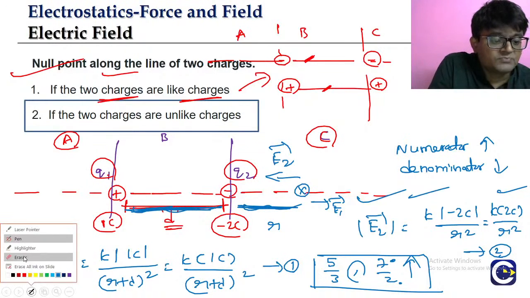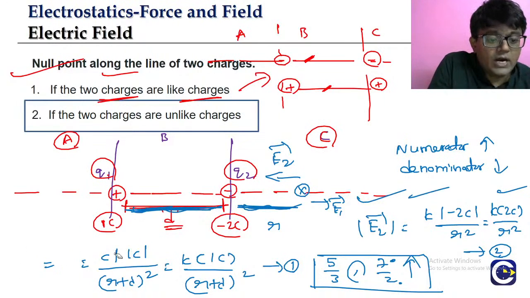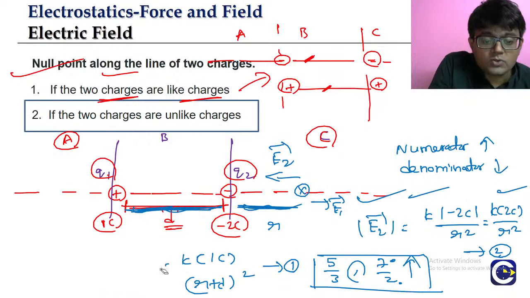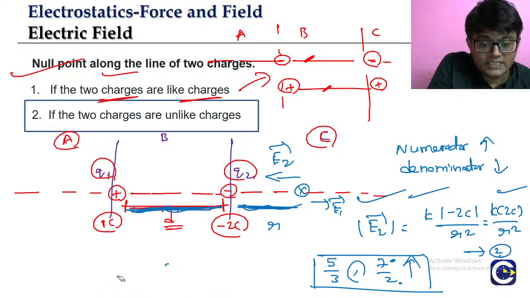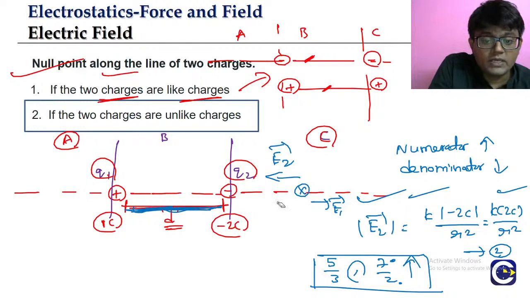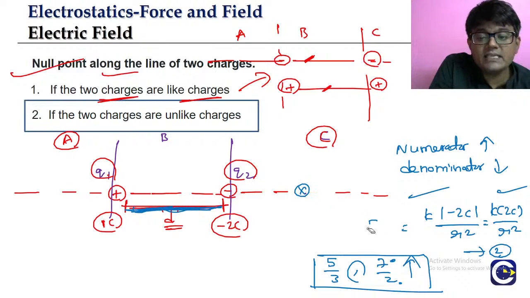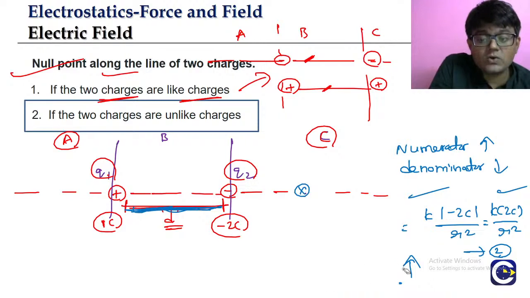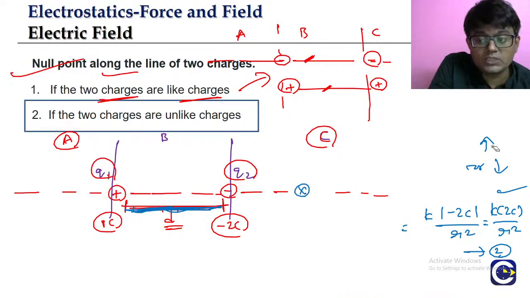Because when you are closer to the higher magnitude charge, here we are taking 1 coulomb and minus 2 coulombs. Region C is a place where we are closer to the higher magnitude charge, which is minus 2 coulombs.